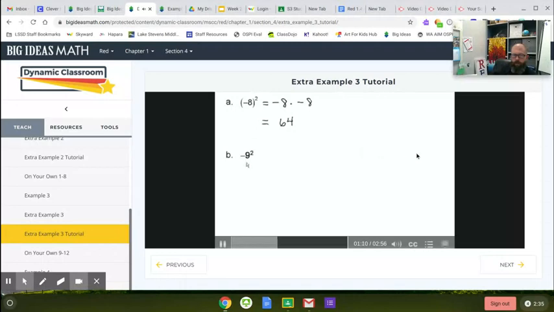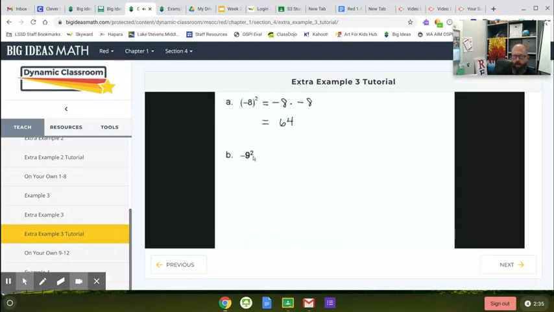Notice there are no parentheses around the -9. So this is read as the opposite of 9 squared. And we will also evaluate this expression differently than we did with (-8) squared. Since we have the opposite of 9 squared, we will write it as the opposite of 9 squared.